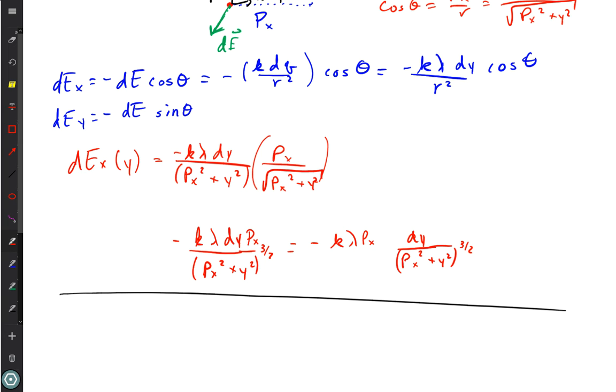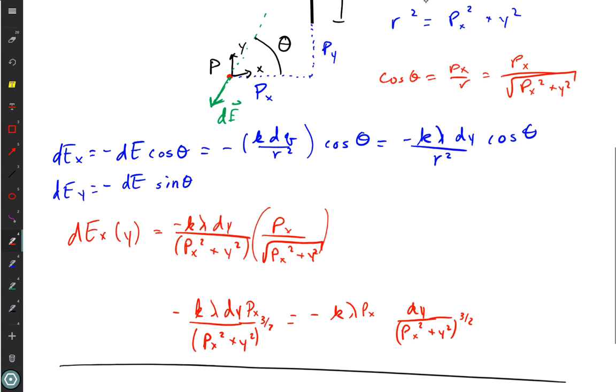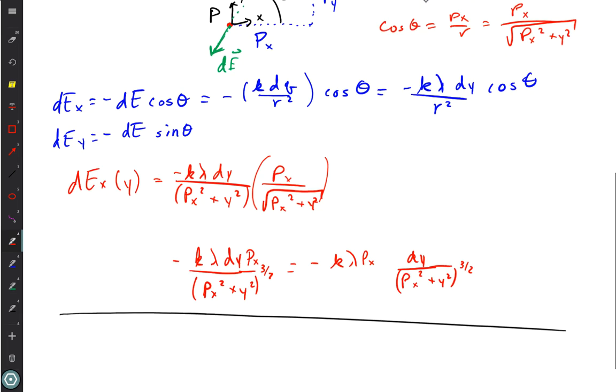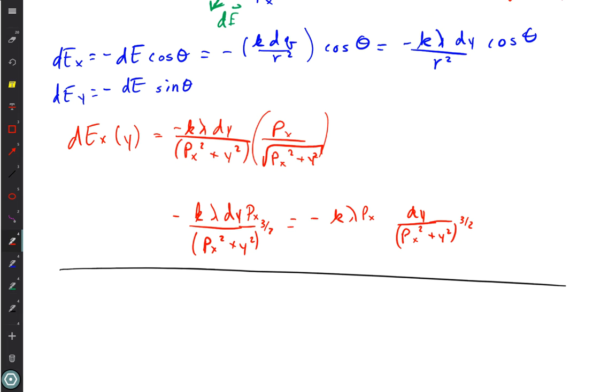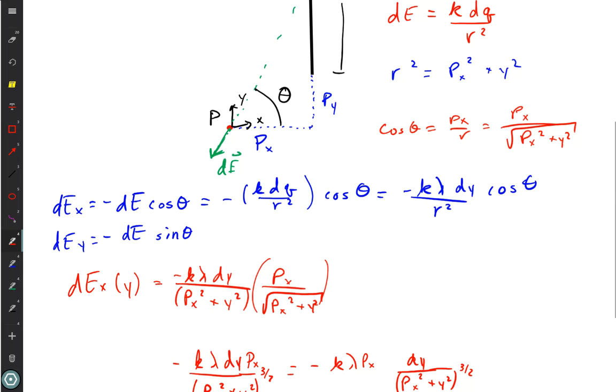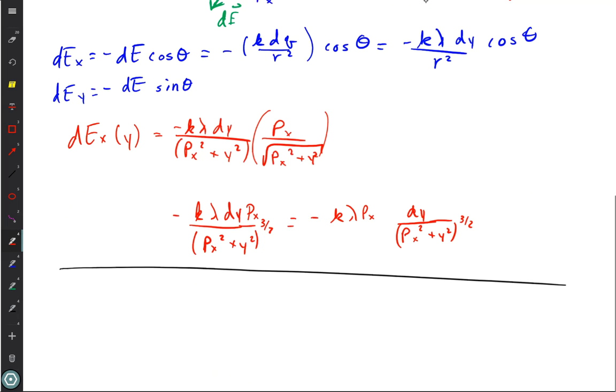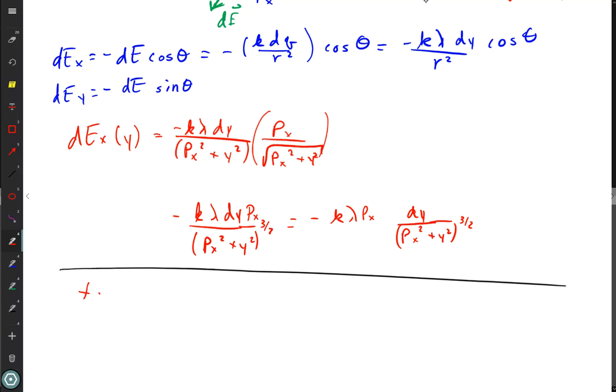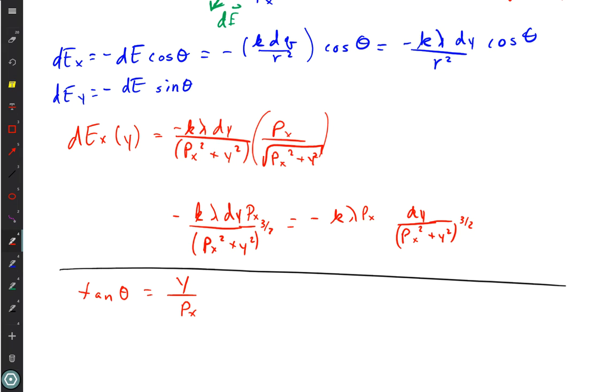So where is it tricky? Well, let's start out by recognizing that my y variable and tangent theta are related. Tangent of theta is equal to y over px, right? So that means if I take the derivative of both sides, what's the derivative of tangent theta? I like to write it as 1 over cosine squared, but yes.